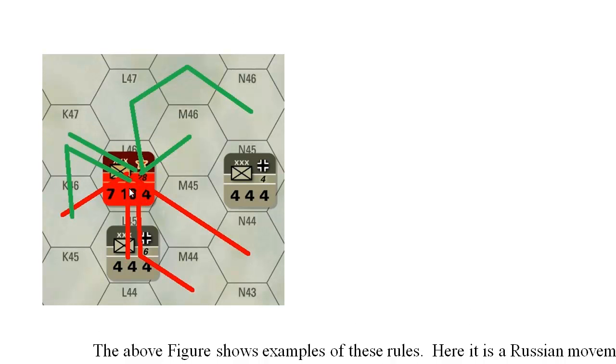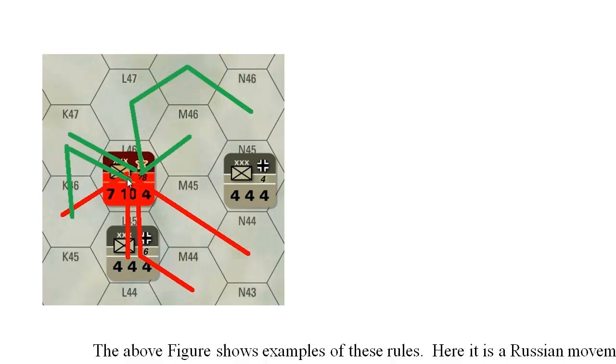Here we have a Russian unit in a German unit's zone of control. There are actually 2 German units, the 6th here, the 4th there. Each German unit has its own zone of control consisting of the 6 squares next to the square on which the German unit is sitting. The Russian unit starts here, and because it starts here, there are certain moves it is not allowed to do.